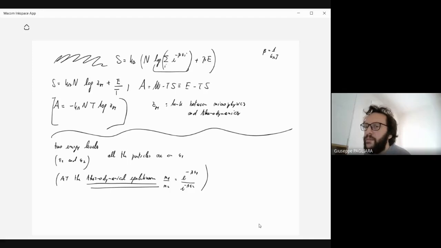Now let me go a little bit beyond thermodynamical equilibrium and let's consider for a moment what happens if all the particles are in epsilon 1, or the case in which all the particles are in epsilon 2. So, beyond thermodynamical equilibrium.